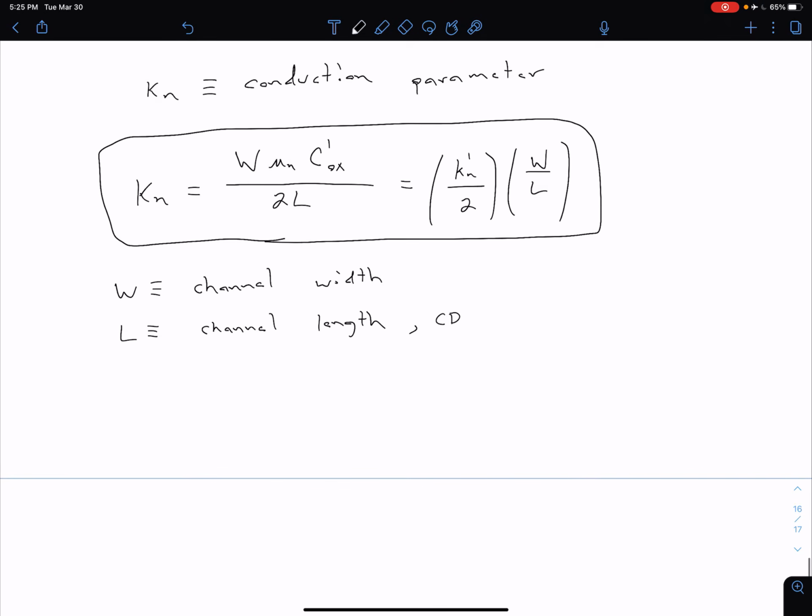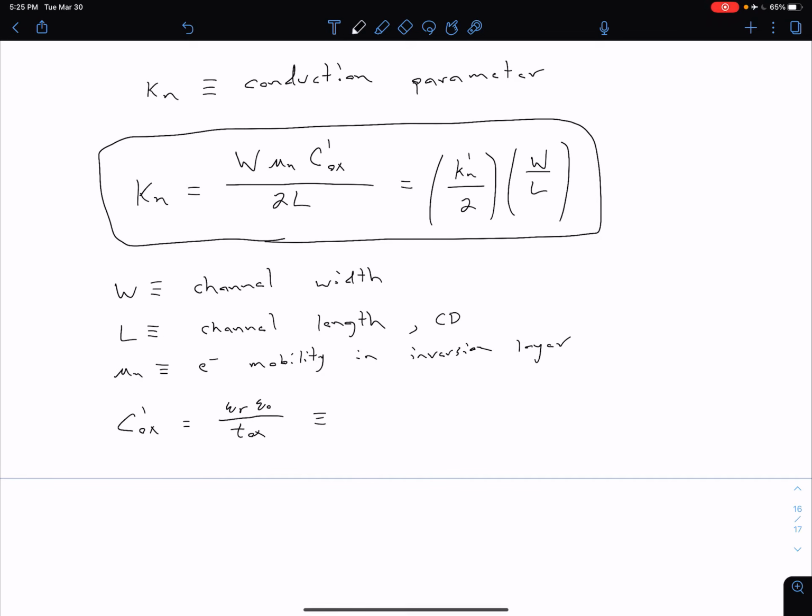We also have this mu sub n, which we should recognize from our semiconductor physics. That's going to be our electron mobility in the inversion layer. And then we also have this Cox prime. Our Cox prime is going to be equal to the permittivity of our oxide, which is the relative permittivity times our permittivity of free space, divided by our Tox.